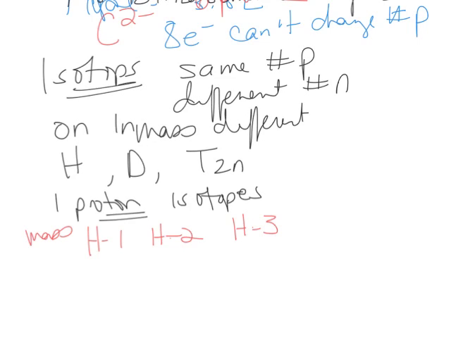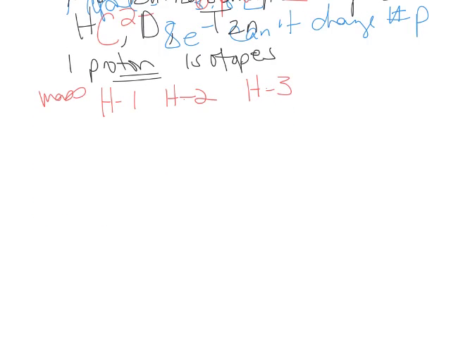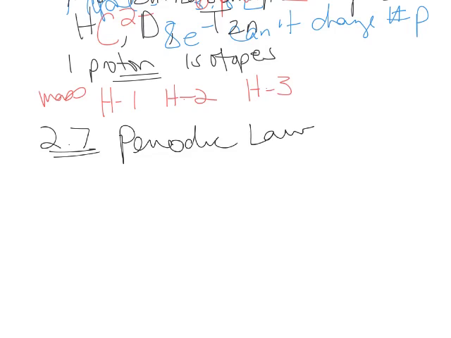Okay, section 2.7 is important. This is the periodic law section of your book and the periodic table.